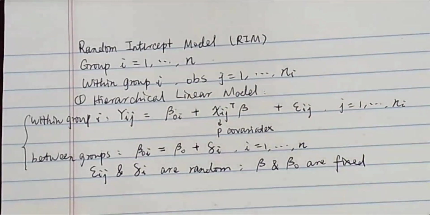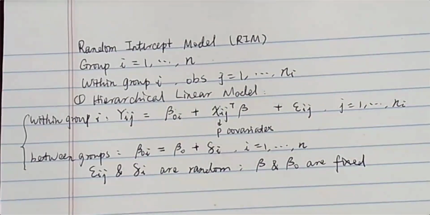So how do we interpret this between group layer? We consider beta_0 to be the common intercept for the groups. And from this common intercept, each group has a deviation, delta_i. And these delta_i's are assumed to be random.